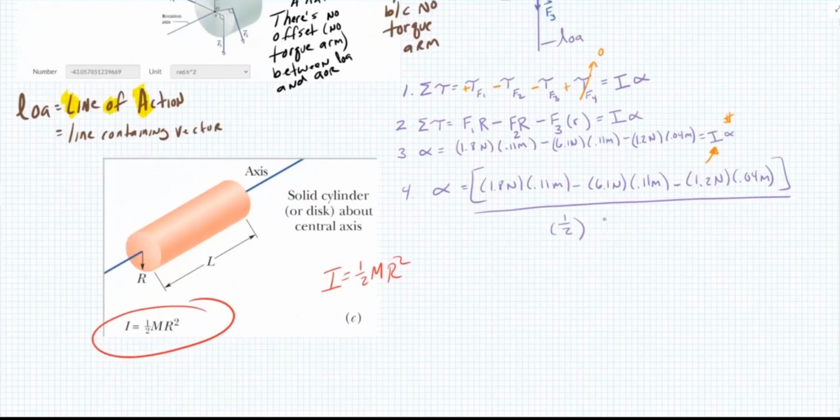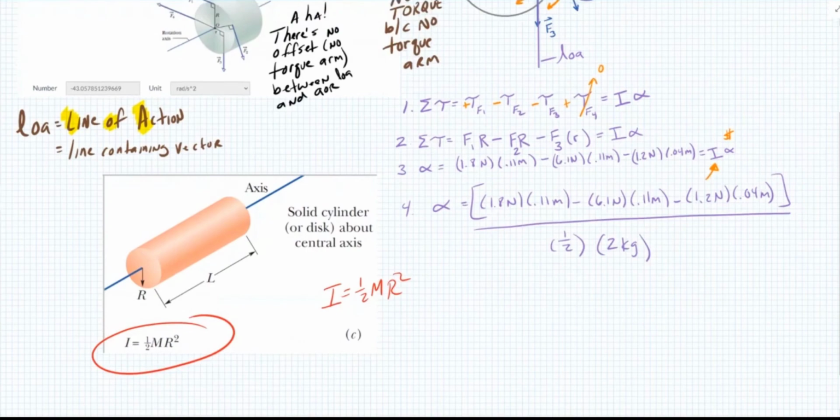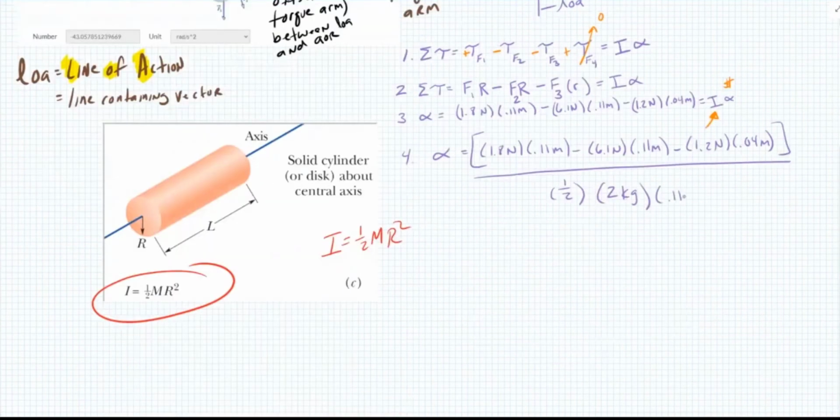It's 2 kilograms. What's the radius of my disk? It's 11 centimeters. Okay, let's get an answer here. Minus 43 and some change.